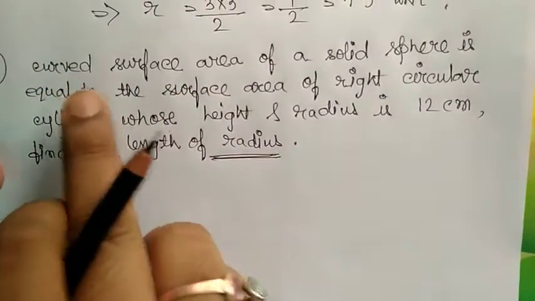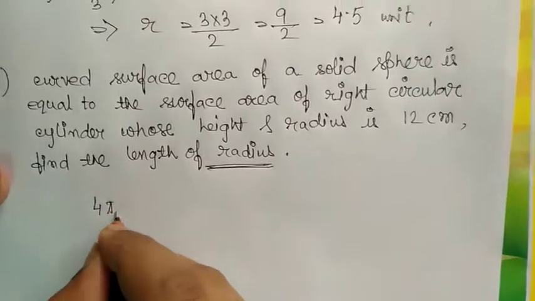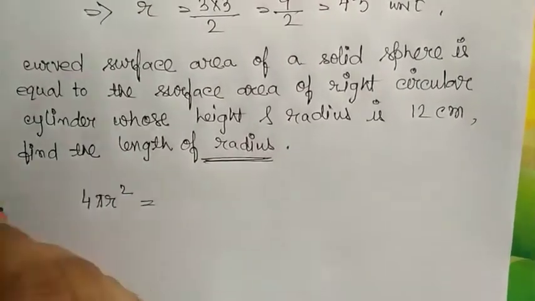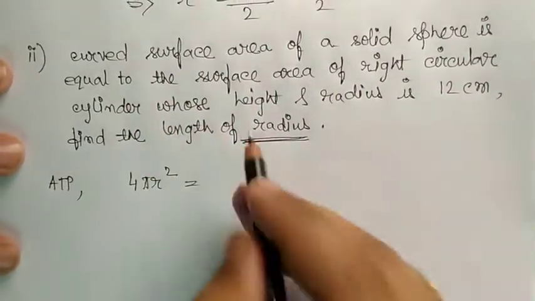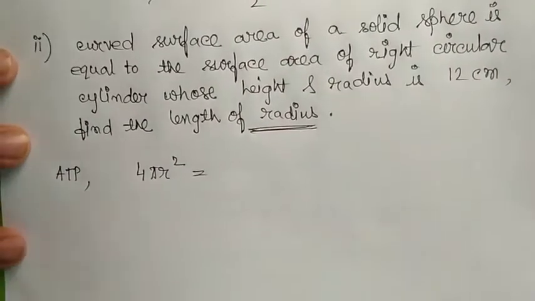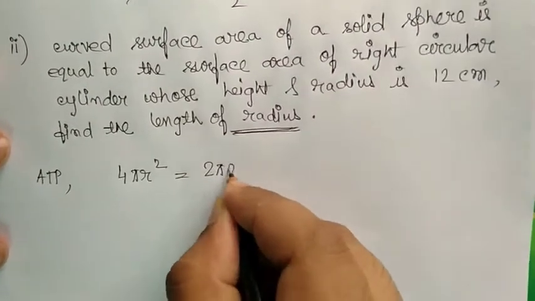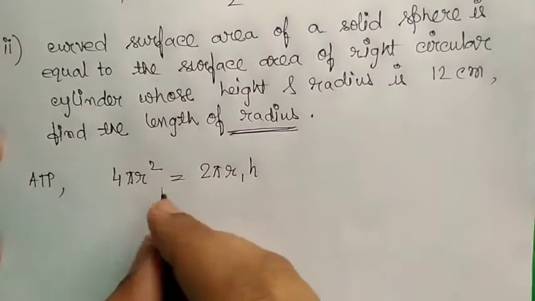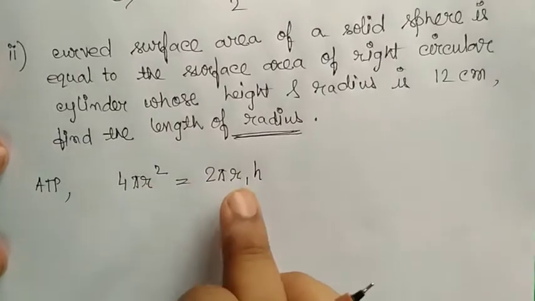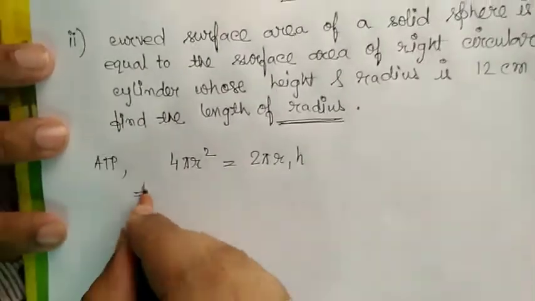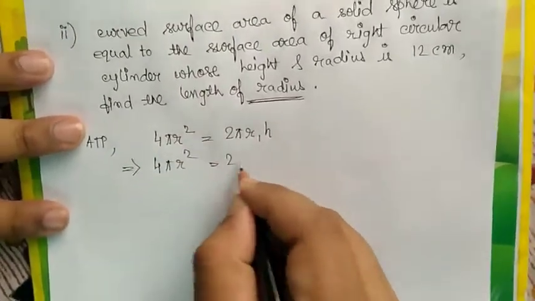So therefore curved surface area of a solid sphere is equal to 4 pi r square, equal to, according to the problem, surface area of a right circular cylinder. Here it is the curved surface area of a right circular cylinder. So therefore the formula is 2 pi r1 h. Here both radii are not equal, that's why we write this one as r and this one as r1. So now after that we have to put those values. 4 pi r square equal to 2 pi.